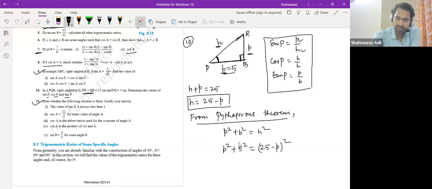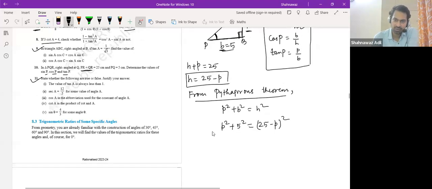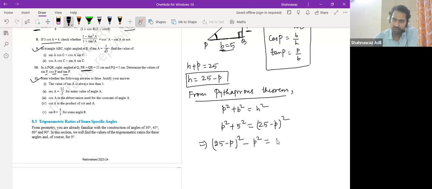So we can write 25 minus P, whole square, minus P square, is equal to 5 square. Is this correct, guys? Yes, sir.